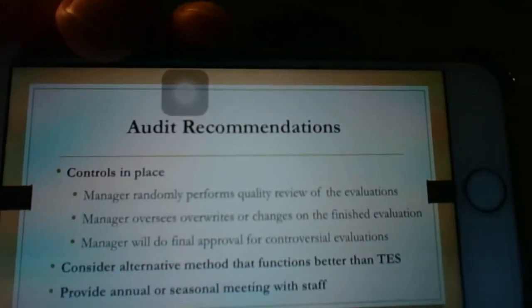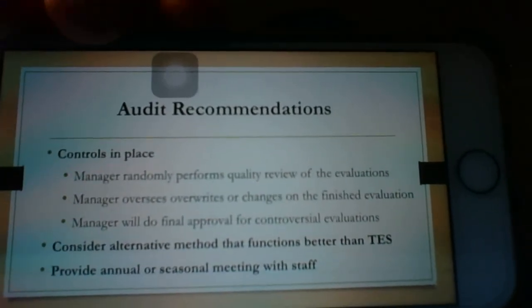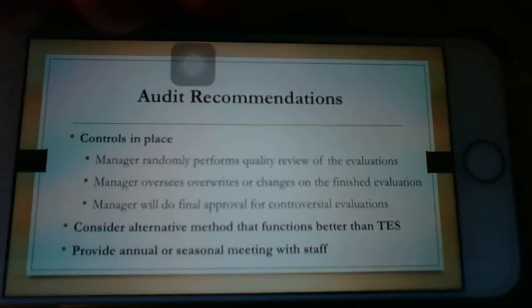For example, the registrar's office has the power to do that. And lastly, the manager will do a final review of those controversial evaluations to see why the registrar's office made those changes after the evaluation was already done. Is that a pattern, or do they need to talk to the registrar's office so everyone is on the same page? That's why in the future this won't happen again.